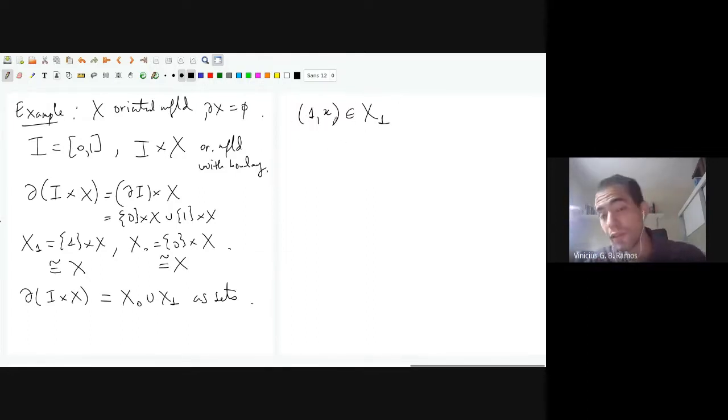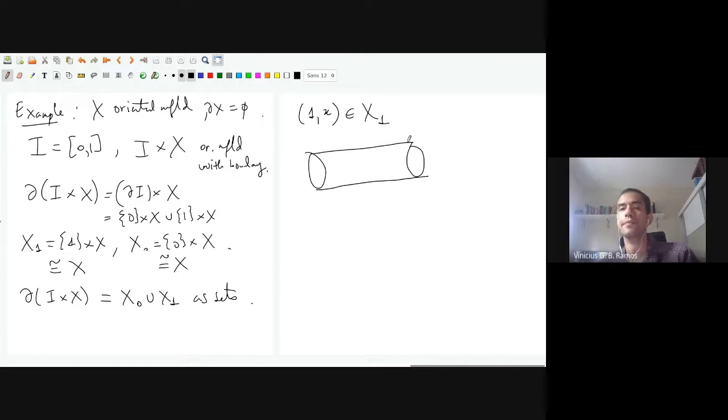So let me draw my picture. Here's [0, 1] times X. If I take a point on X1, so it has the form (1, x), what I have to do is look at the outward normal, which points like that. And then I have to look at a basis of X1.